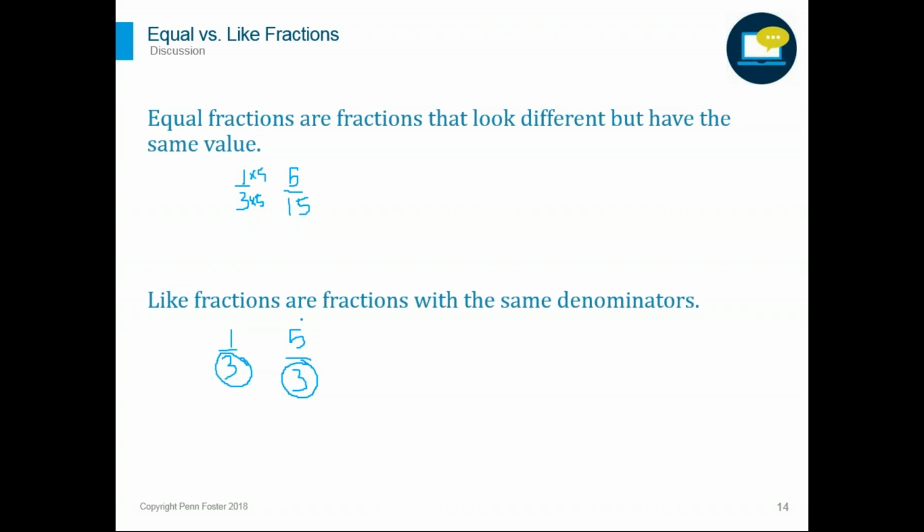So remember, equal fractions look different, but they have the same core value. But for like fractions, all that matters is the numbers on the bottom, the denominators. If they're the same, I don't care about the value. If they're the same, then they are like. If they are not the same, like for example, 1 over 5 and 6 over 10, they are unlike.